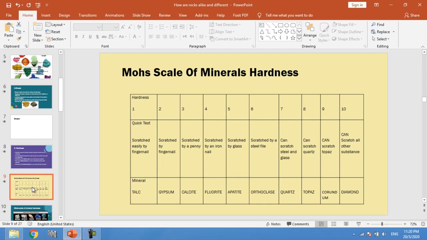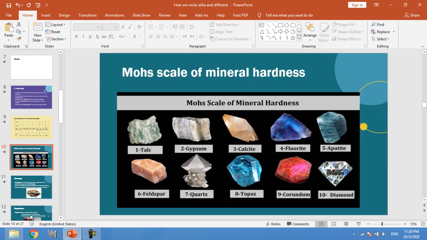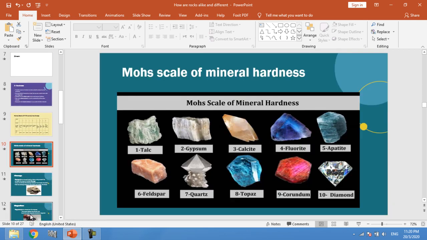It can scratch all substances, and it is the hardest mineral we have in our scale. And you know diamond, we use it for manufacturing of jewelry. This is diamond, and this is talc.